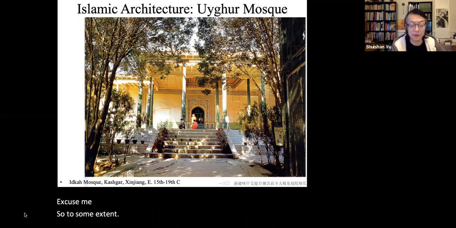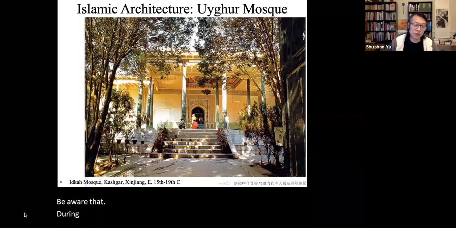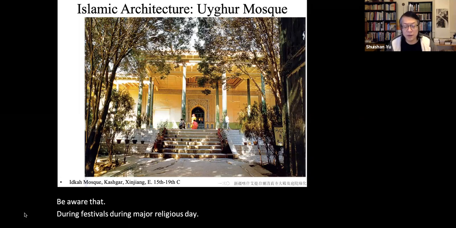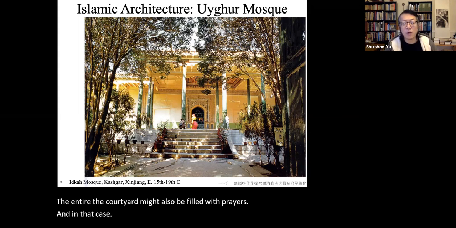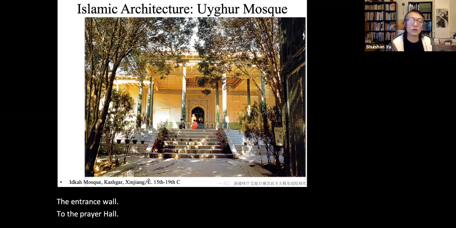To some extent, be aware that during festivals, during major religious days, the courtyard might also be filled with prayers. And in that case, the entrance wall to the prayer hall becomes the Qibla wall for the courtyard.